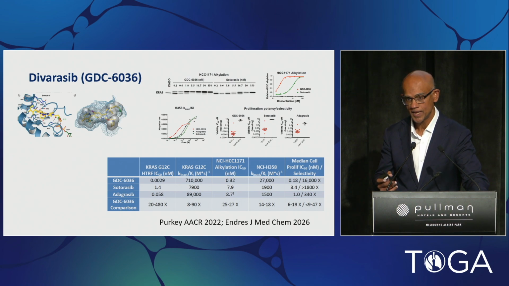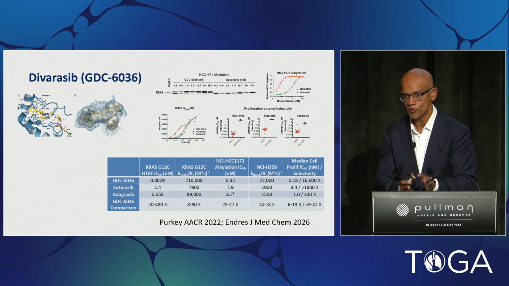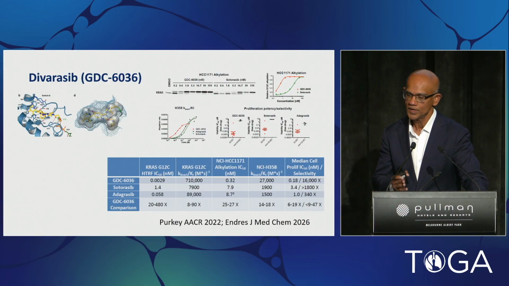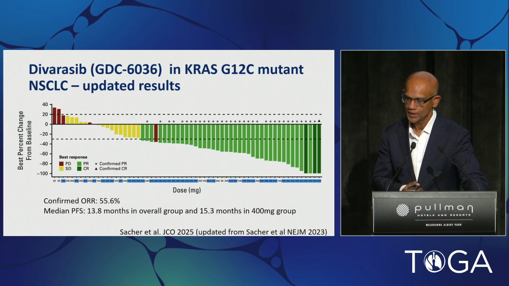KRAS is a GTPase, and it's active in its on or GTP-bound state. These drugs bind to KRAS in its off or GDP-bound state and prevent it from moving into the active state. So similar mechanism of action, but more potent and binding with different kinetics.